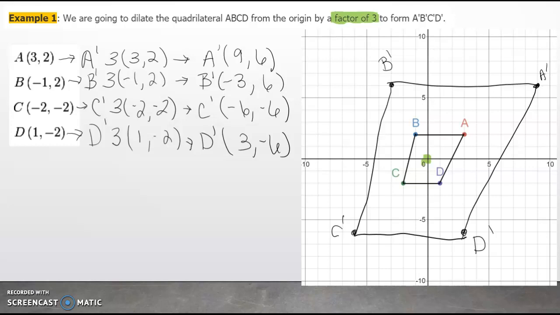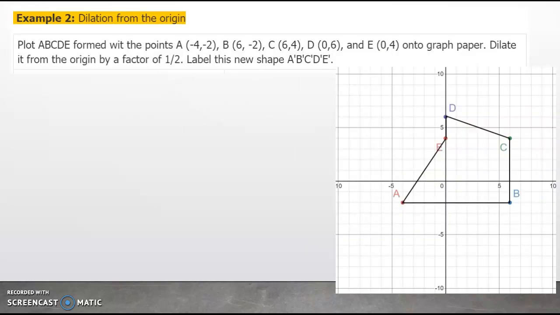If I look at my next example, we'll see that my shape is actually going to get smaller. I have a figure ABCDE formed with the following points, and I am going to dilate it by a factor of 1/2. If I see that fraction there, I know that my shape is going to get smaller. So the first thing I'm going to do is mark all of my points. A is at negative 4, negative 2.